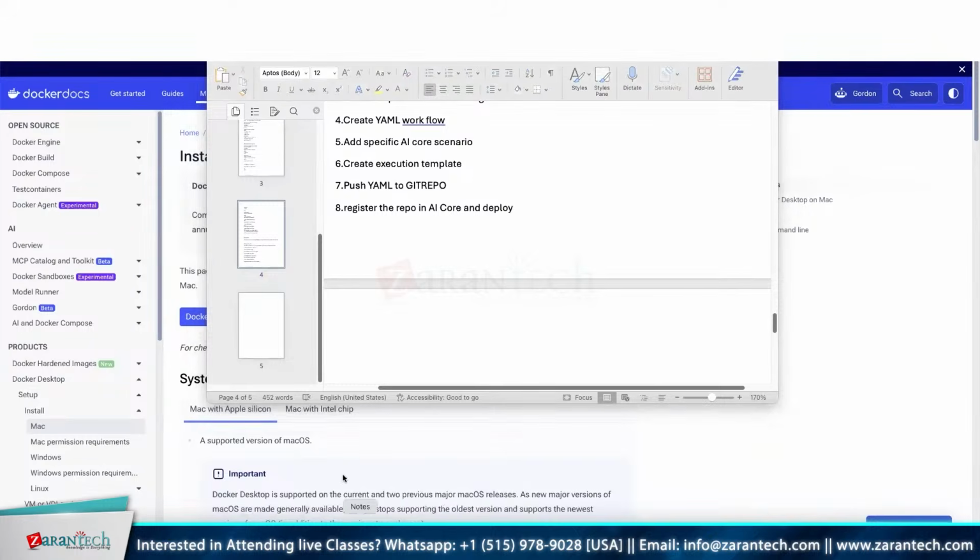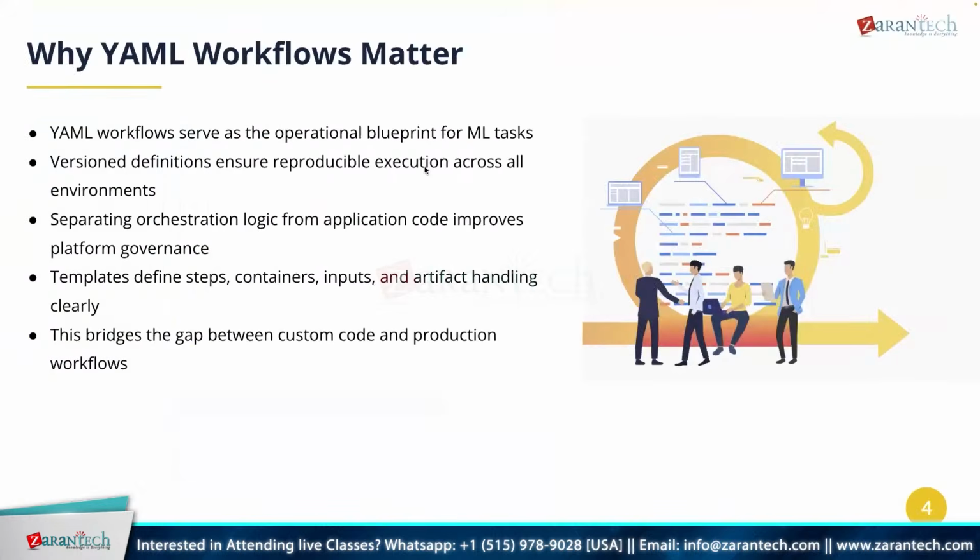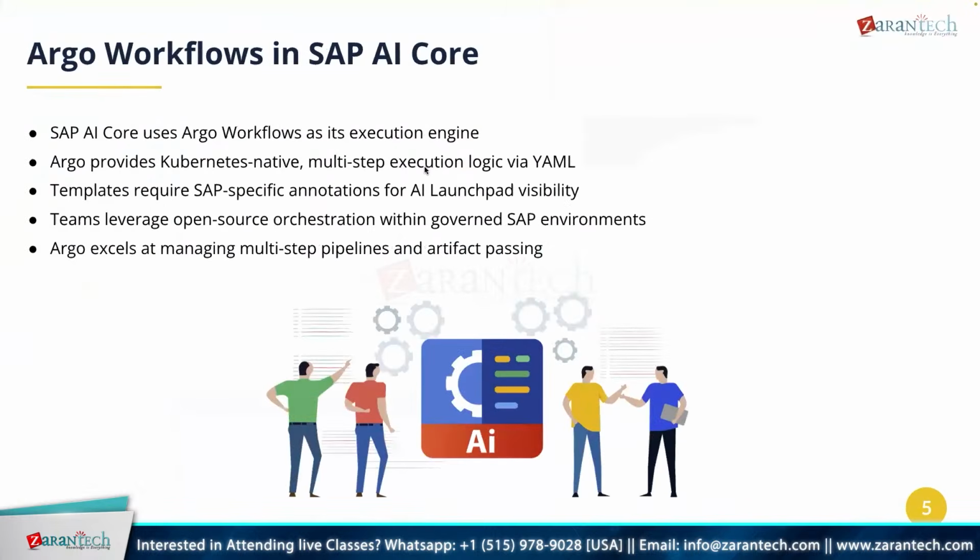Okay. So now going back to the PPT. So that is what you have to go through. Argo workflows in SAP AI Core. So what are the Argo workflows? SAP AI Core uses all these Argo workflows under the hood to run your ML jobs.